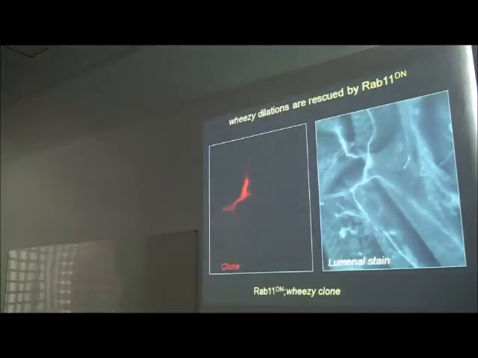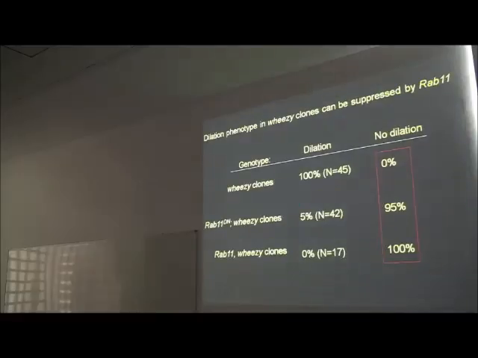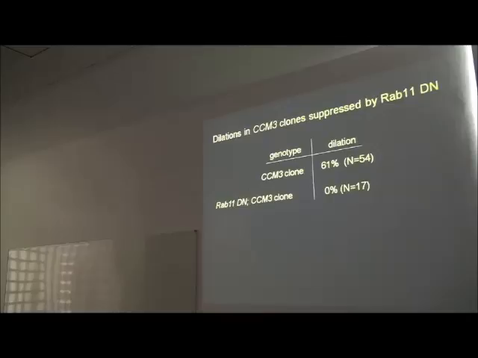This is functionally meaningful: if we make GCK3 or CCM3 clones and express a dominant negative form of RAB11, we suppress the tube dilation defect. And we can also use classic loss of function alleles in RAB11 and get very strong suppression of the phenotype. Control RAB11 downregulation alone causes other problems.